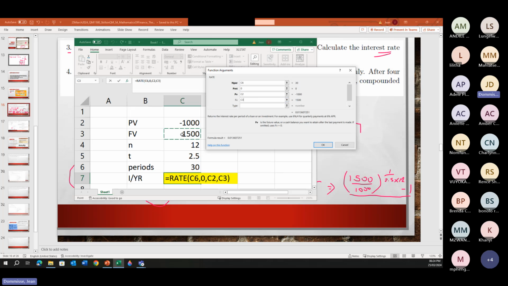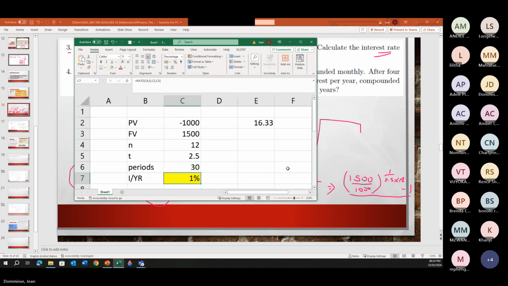What's the future value? And then they ask us, is the payment at the beginning, or is it at the end, or we just omit it?